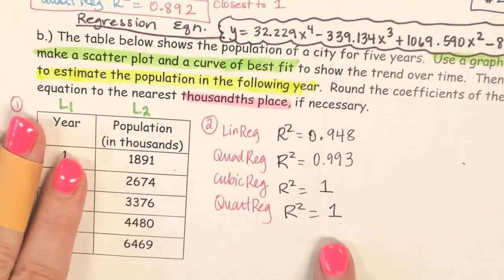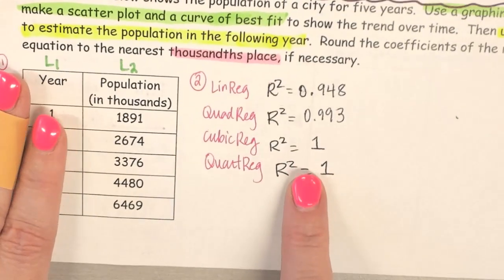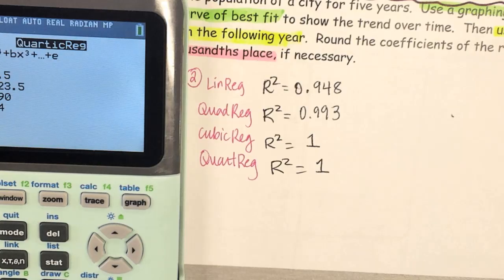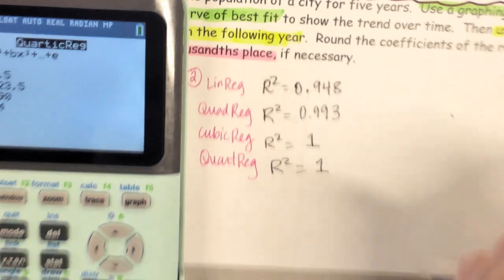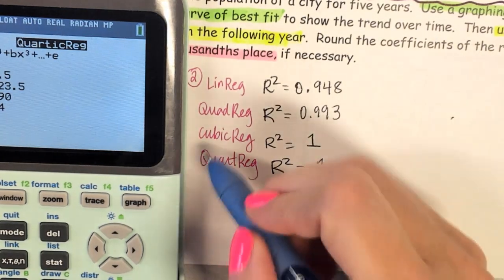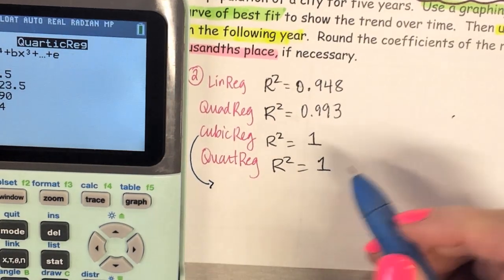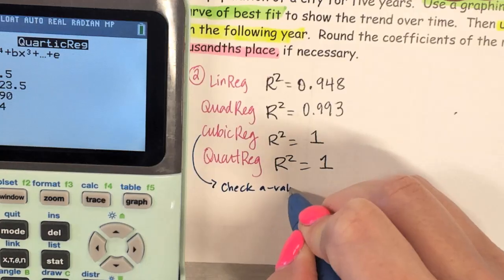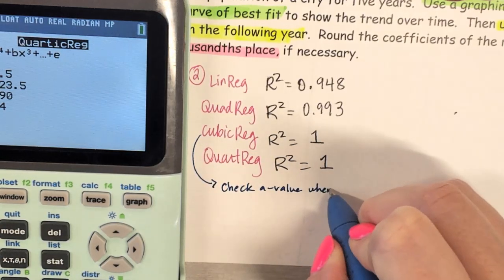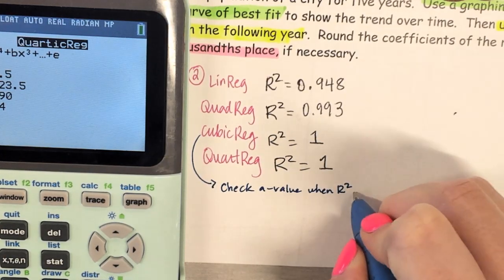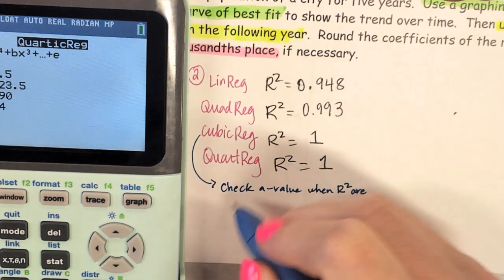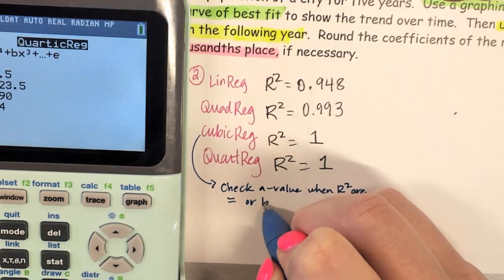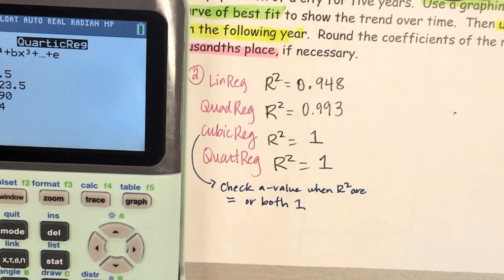The last two did not have any decimal places, so the next thing we're going to do is check the A values. Maybe we should write down this reminder to check the A value when R squared values are equal. Really, that does happen a lot when they're both 1.